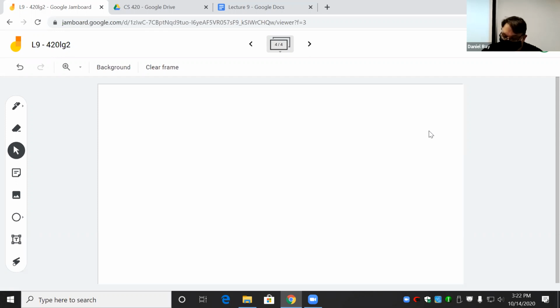And I've already kind of shown it to you. It's very simple. This model is called the resource allocation graph. Okay? Resource allocation graph. Processes are circles.